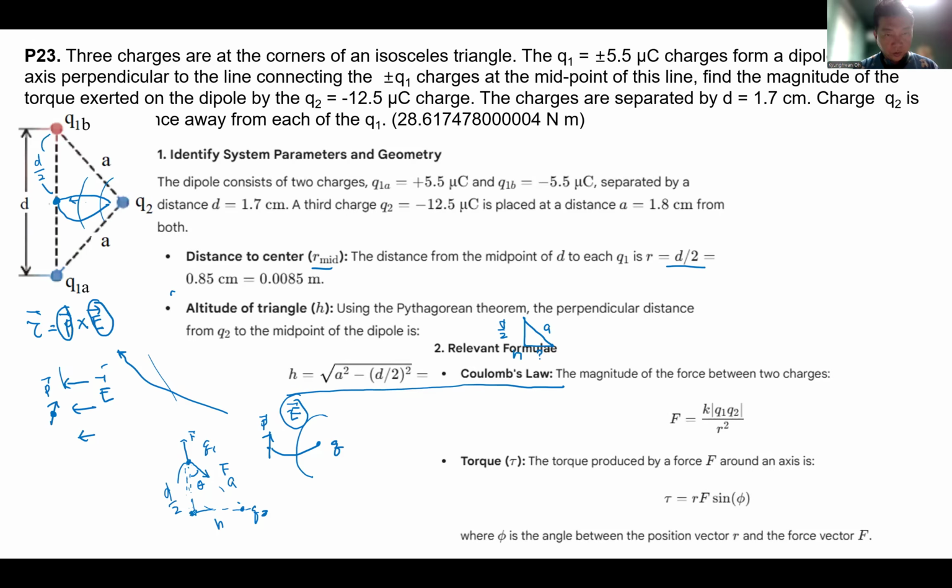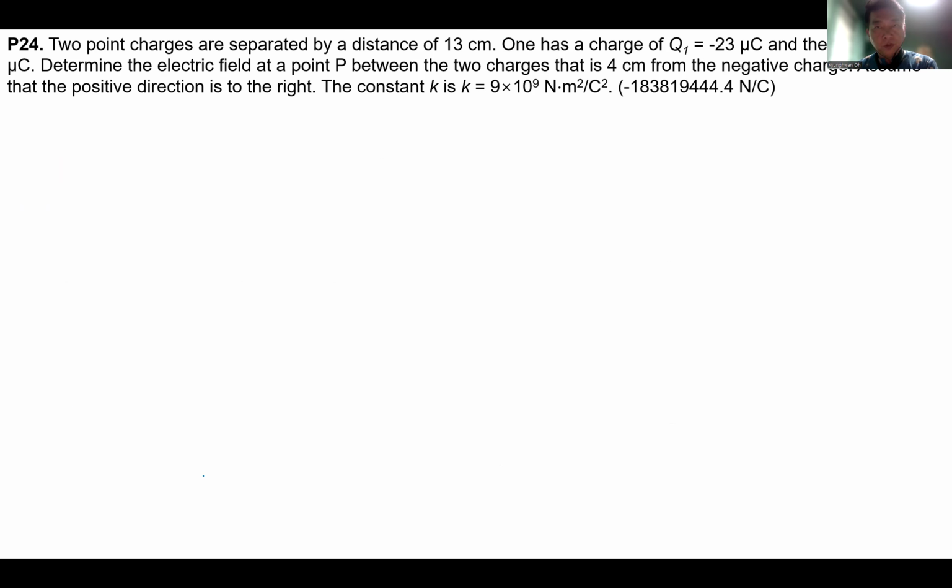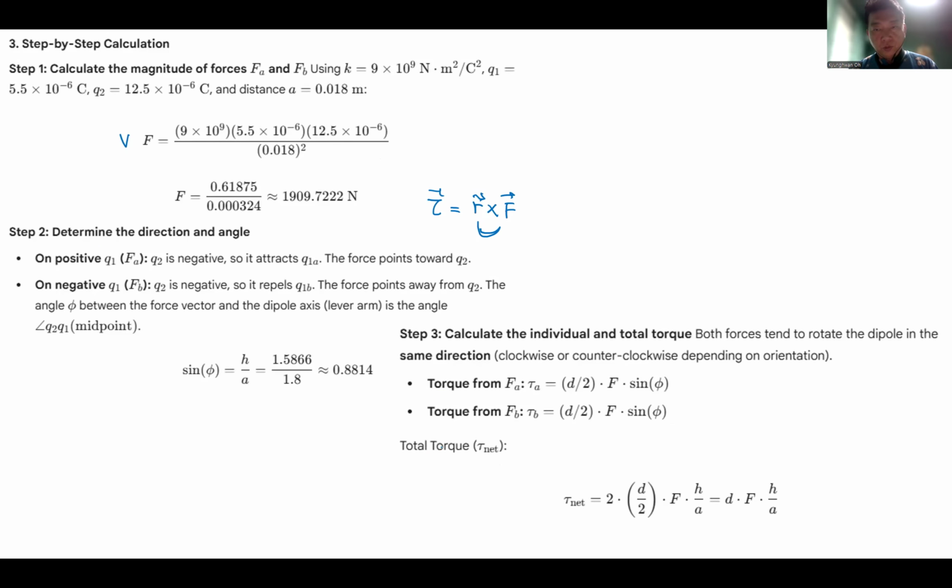So this is the origin, and this is the distance, and this is the force. So R cross F should be based upon these parameters. So d over 2 comes in, which corresponds to this one, and then phi comes in, the angle between, and then you get this one.